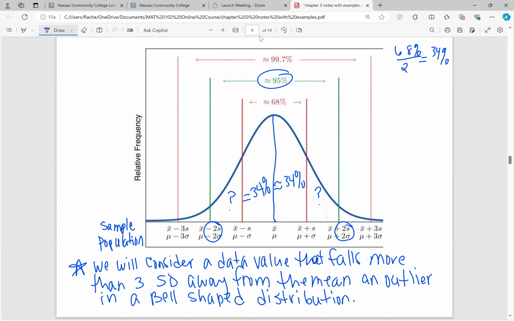So if I take 95% and I subtract 68%, I'm going to get 27%. So 27% of my data values are going to land within these 2 areas where I put the question marks. And both these areas are equal, so I'm going to divide 27% by 2, and I'm going to get 13.5%. So each one of these little areas here where I had the question mark is about 13.5%.